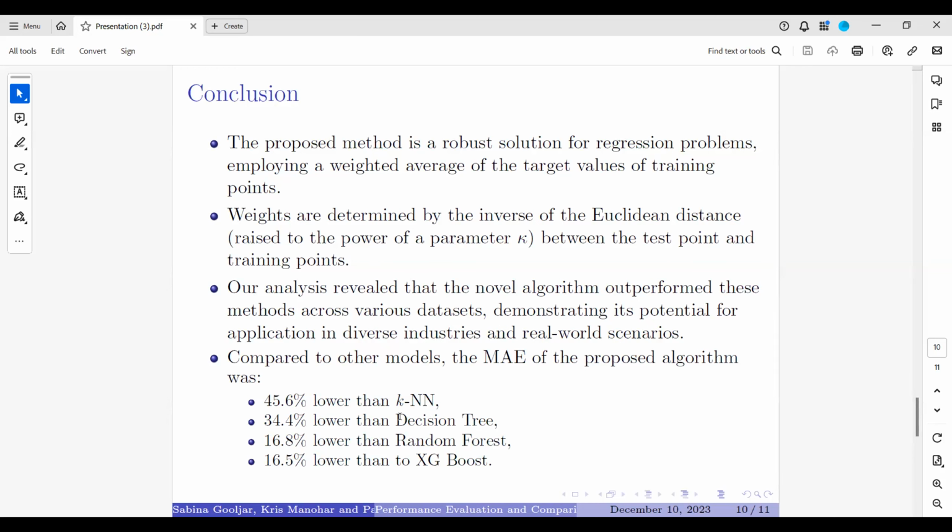Here we see that the MAE was about 45% lower than the KNN and 16.5% lower than the XGBoost. This would have been the average performance over the 7 data sets.